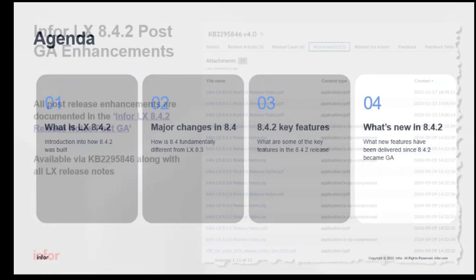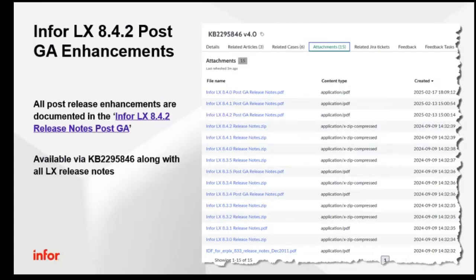One thing I want to make sure people are aware of is there's a document out there that has all of this content. There's a link, and we'll share this presentation with everybody later today. You're going to see a link in it to what we call the 8.4.2 release notes post-GA, post-GA being the key thing.